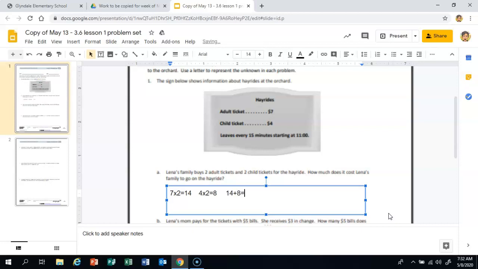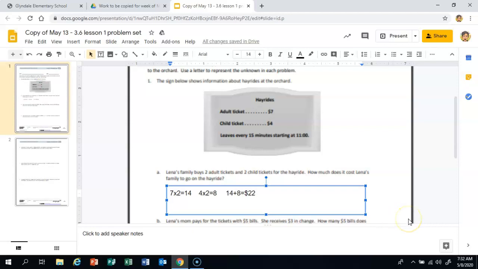And we have to figure, okay, 14, 15, 16, 17, 18, 19, 20, 21, 22. It cost them $22 to go on the hayride. And that's the written part of it.